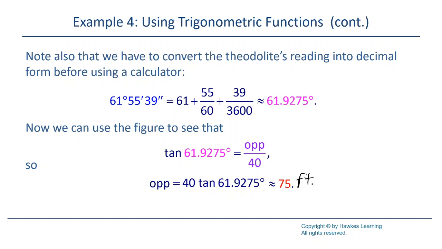Now, this may be a case where I would choose maybe not to round it too much. Let me double check. 40 times tangent of 61.9275. Oh, never mind. Yeah, that would be better to round up. 74.99995882. So, yeah, basically 75 feet.